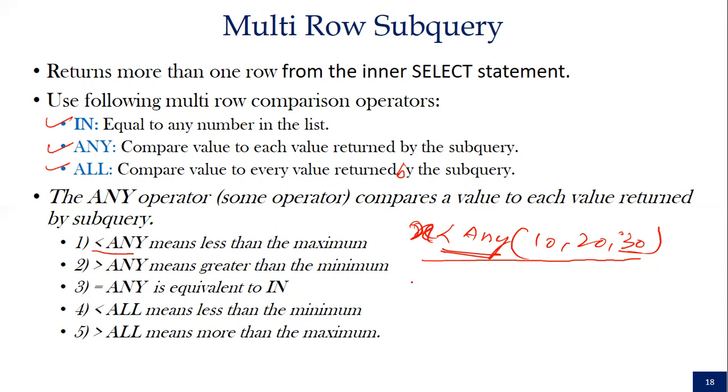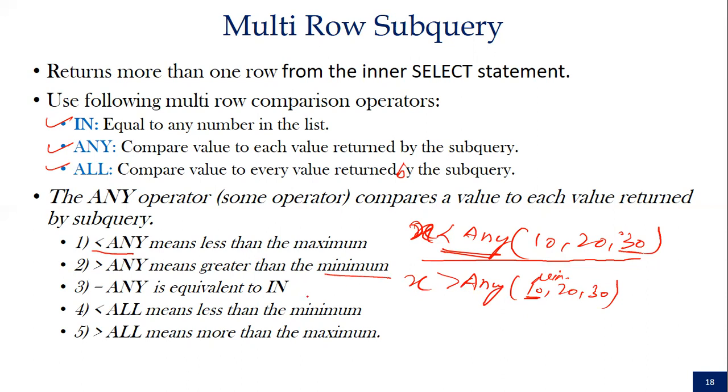And greater than ANY: if I'm writing x greater than ANY of 10, 20, 30, it means greater than the minimum. Yes, sir.